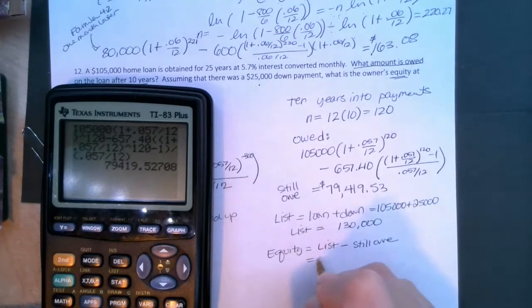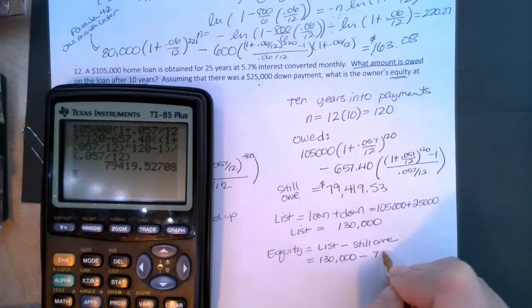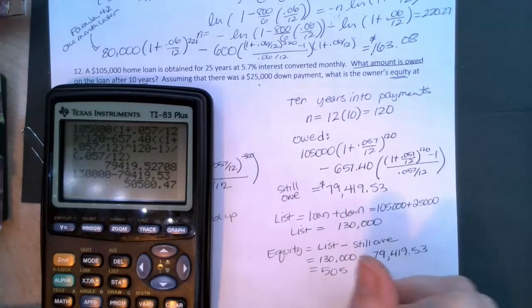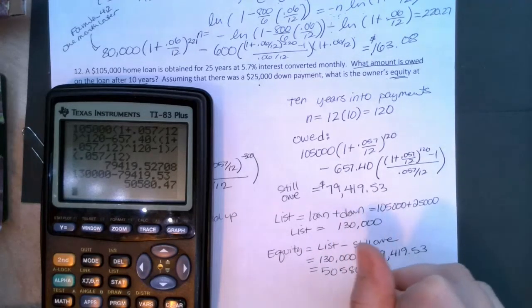So it's going to be $130,000 minus $79,419.53. So our equity is $50,580.47.